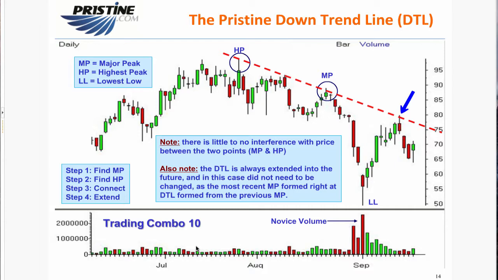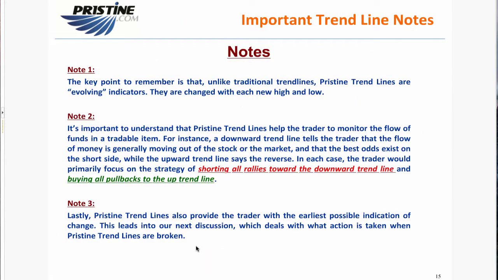So again, as I said, a pristine trend line is different from other trend lines because ours are going to be evolving. We're not going to draw 3, 4, 5 trend lines as new information is given to us.